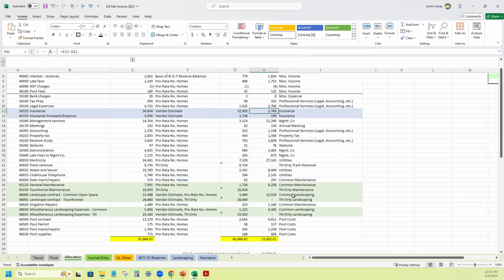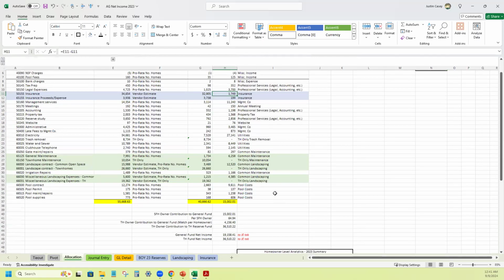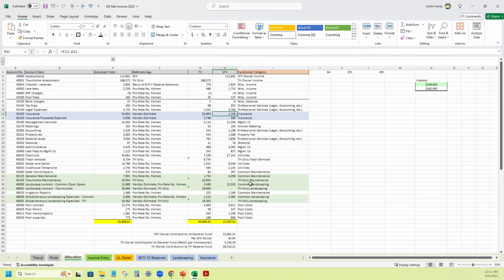Okay, well, good. So now that we've run through the estimates entirely, the way that these are allocated, most of them you can see are on the basis of the prorated number of homes, but the vendor estimates related to landscaping and insurance are extremely important, and I'm glad we can get them tighter on that.